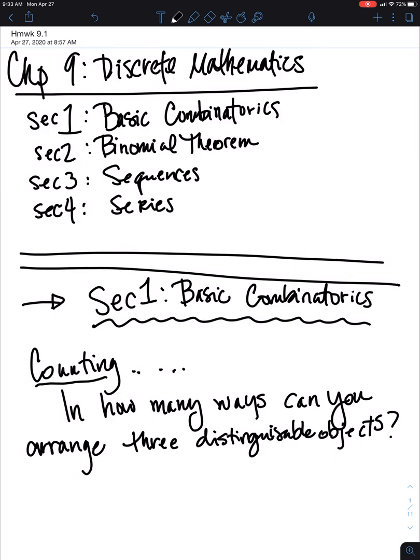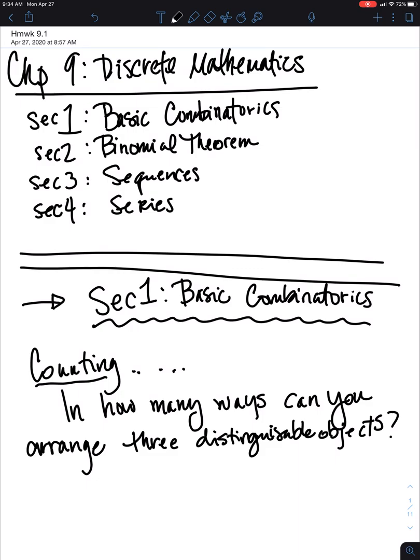Okay, so in how many ways can you arrange 3 distinguishable objects? You might not use a formula for this. You might actually just try to count it out.